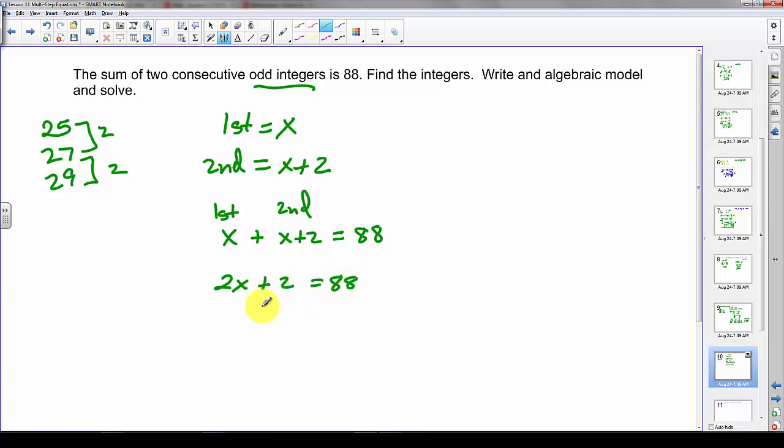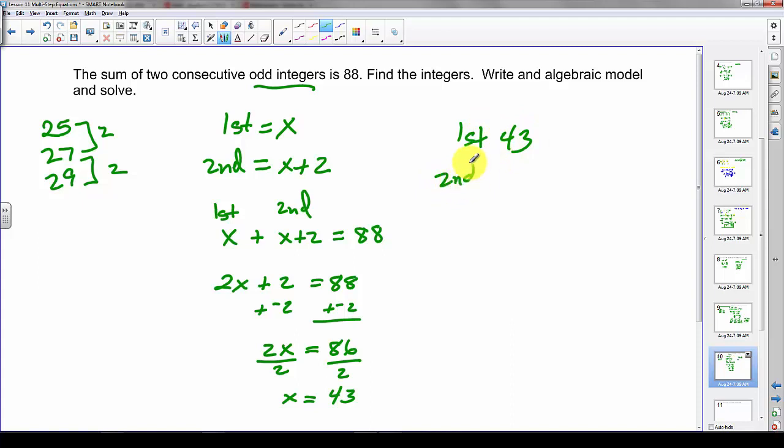I'll add a negative 2 to both sides to undo. Get 86 is equal to 2x. Since 2 goes into 86 evenly, I will just divide both sides by 2, giving me x equals 43. And I'm looking for two consecutive odds. So my first is 43.